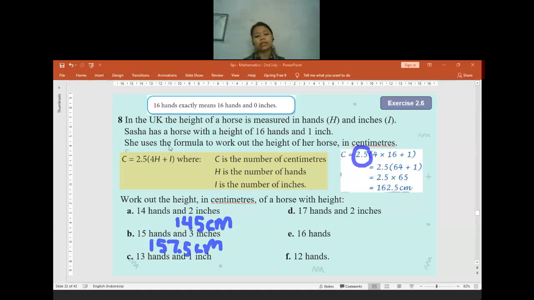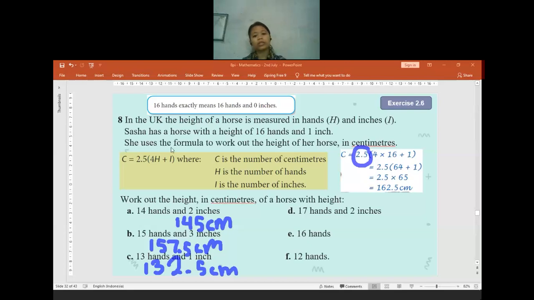So let us continue to question C. How many centimeters will it be for question C? 132.5 centimeters. Is there anyone who got a different answer? Okay, thank you.